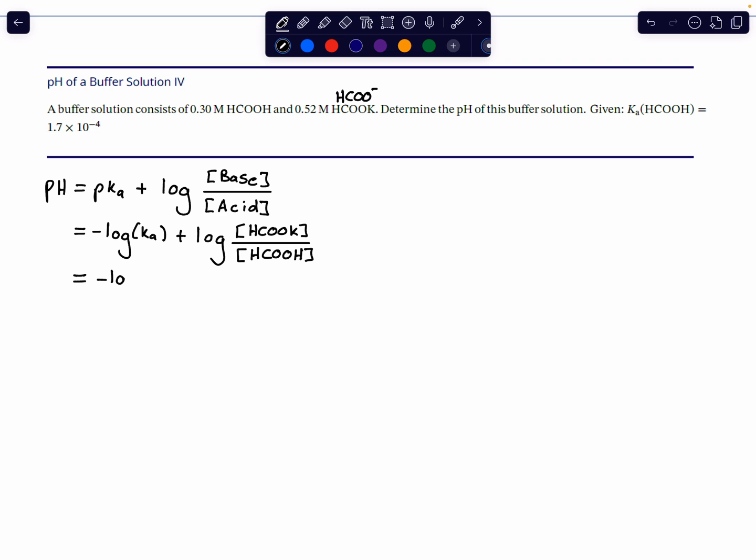So this is negative log 1.7 times 10 to the negative 4 plus log, so now we just put the right things at the right place, 0.52, that is the potassium formate, and 0.30 for the formic acid. Then two significant figures for the Ka of formic acid, and so we round to 4.01.